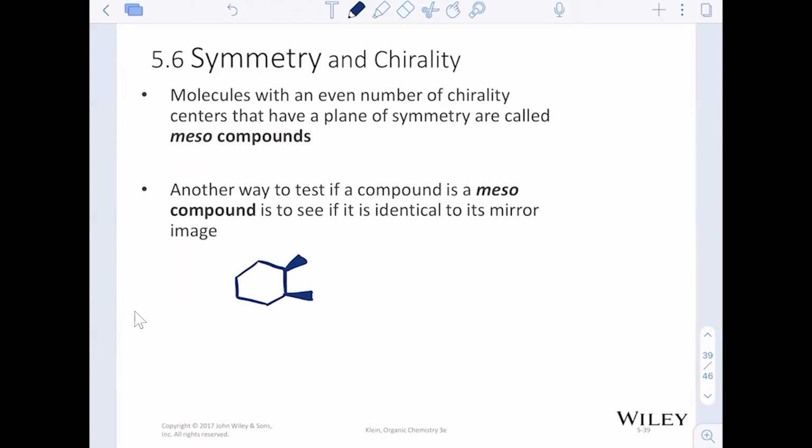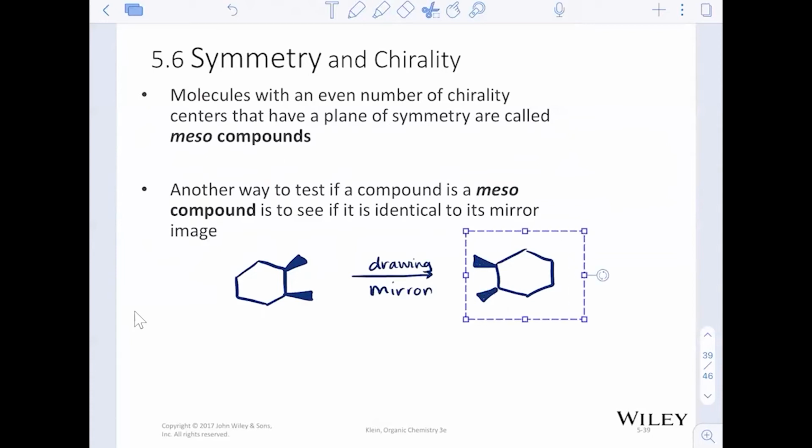Now, let's imagine drawing the mirror image, or drawing the enantiomer. I'm going to draw the mirror image. And then what I really want to do here is one of the beauties of the iPad.